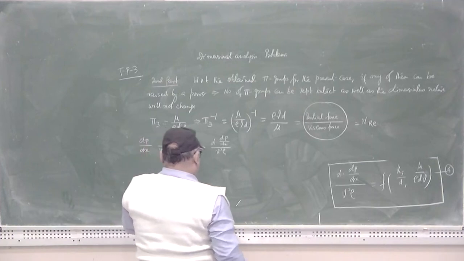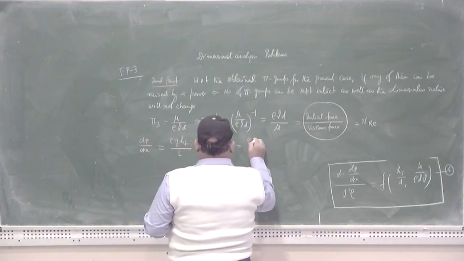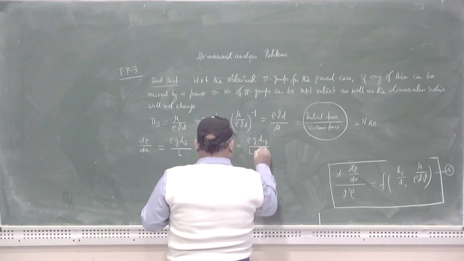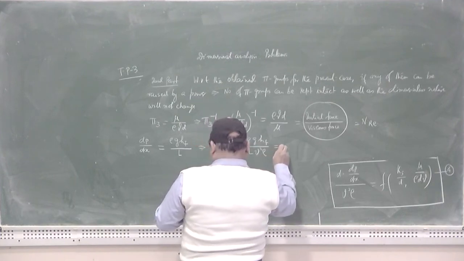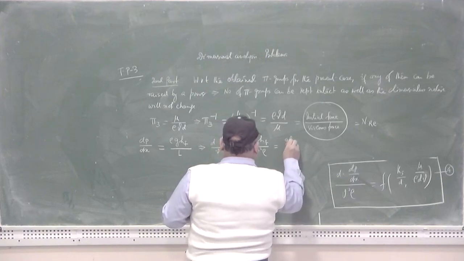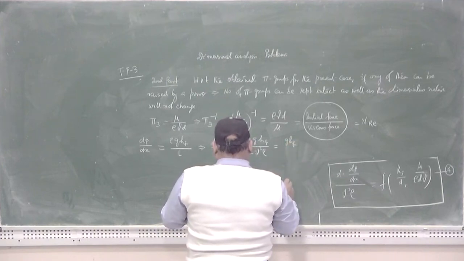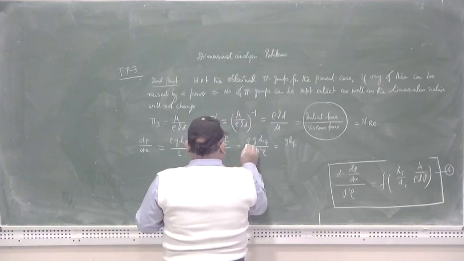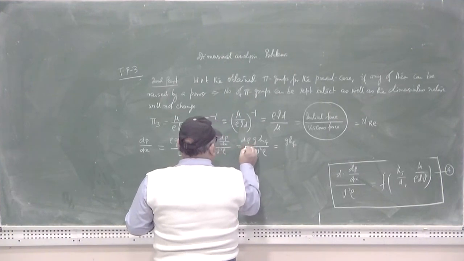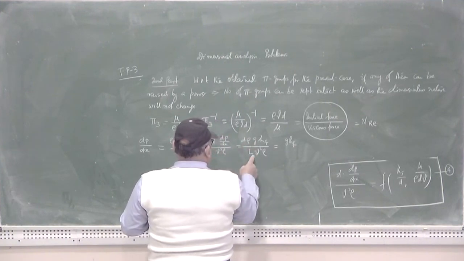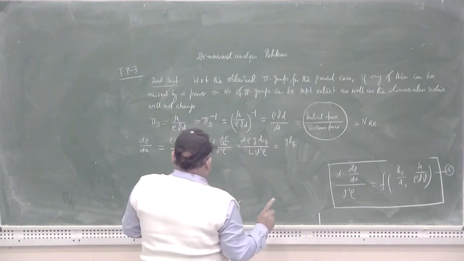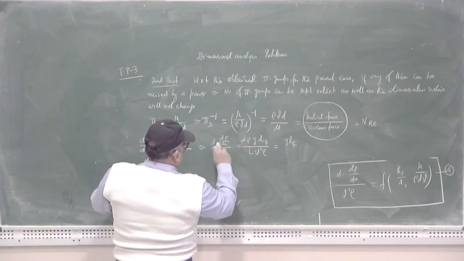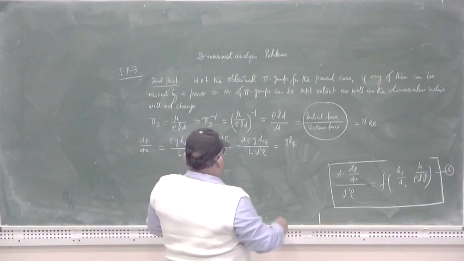So we can write dp by dx divided by v square rho as rho g hf divided by L v square rho. Multiplying by d, dp by dx is rho g hf by L into d, divided by v square rho.